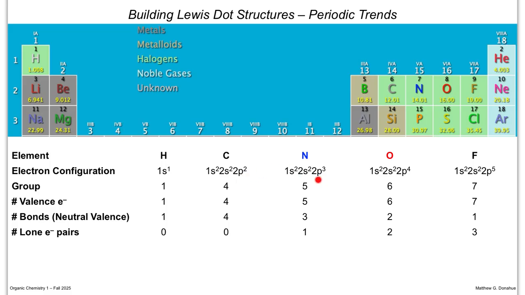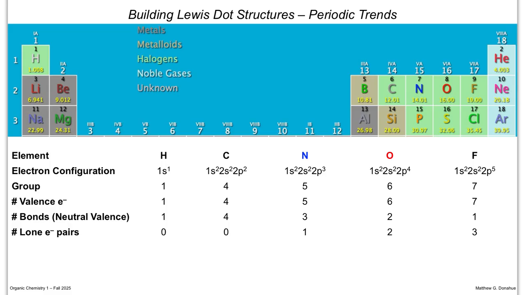Look at that for nitrogen, 2p3. What's going on there? How many different p orbitals are there? There's 3. And so what's the relationship of those orbitals to each other in terms of space?